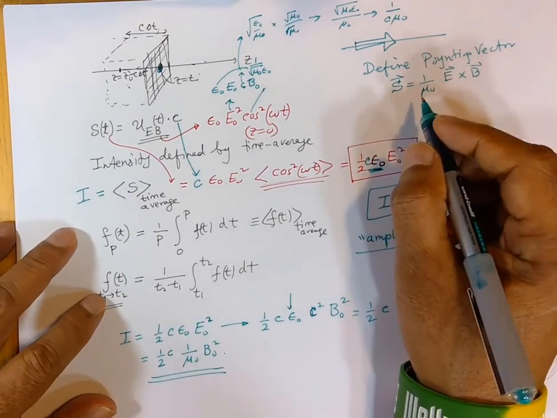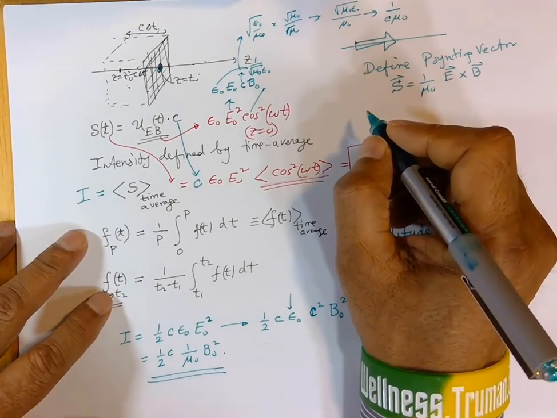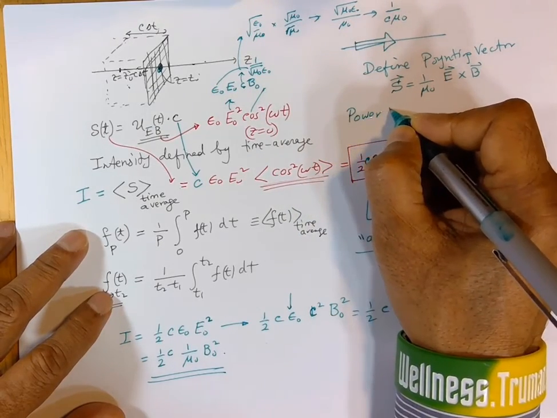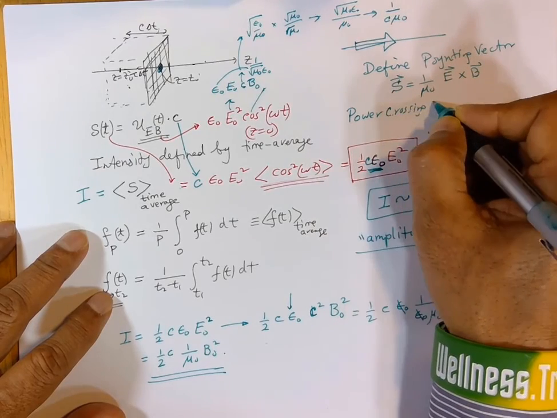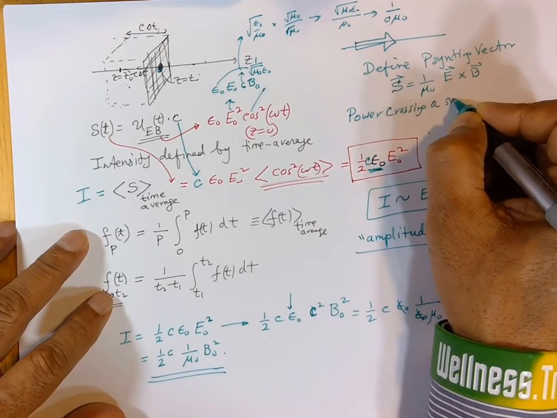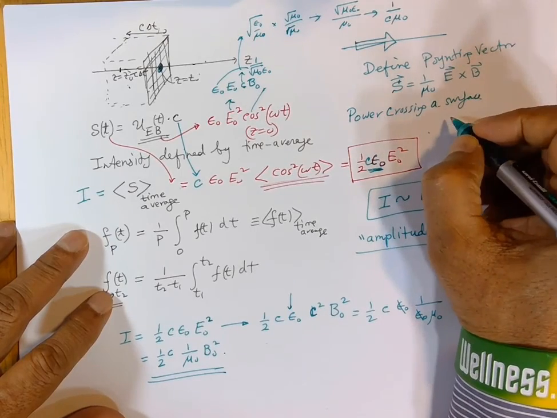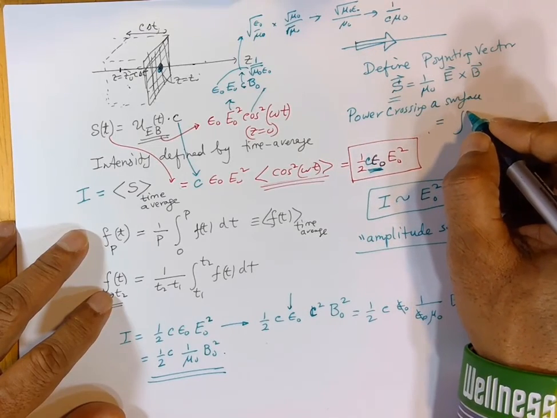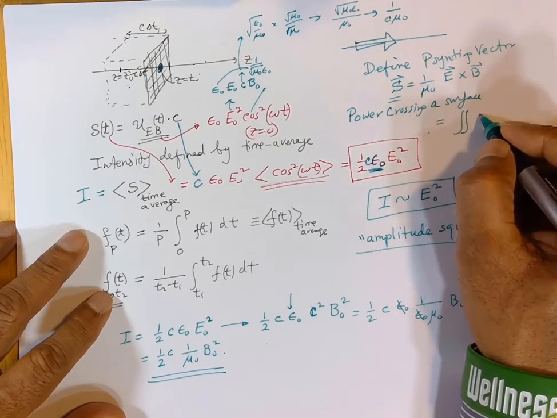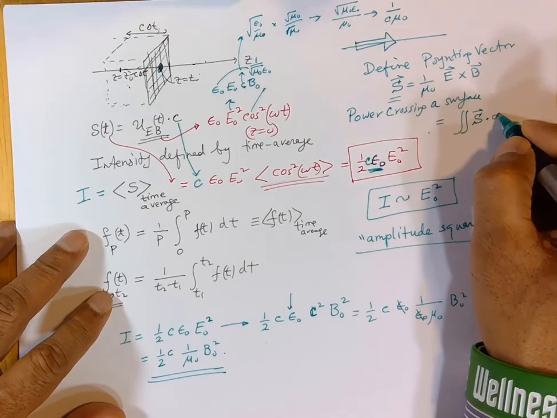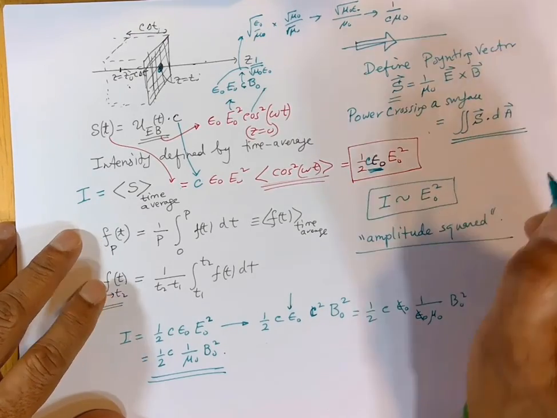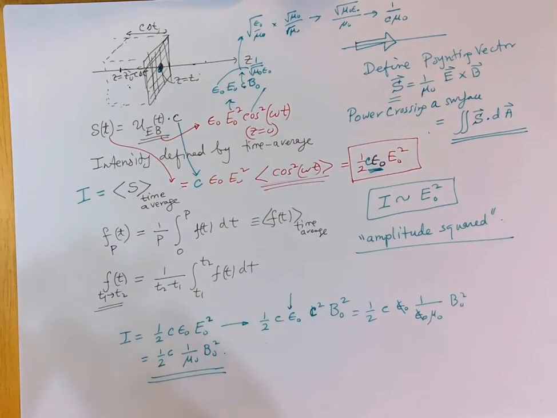So without actually going into the full thing, I'm going to say the power crossing a surface can be found, because I wrote down a vector now, I can use any orientation of surface and I can get the dA. So you have to do this integral, and although this is interesting and quite powerful, I'm not going to pursue this further.